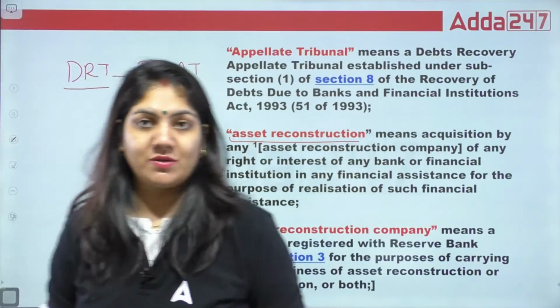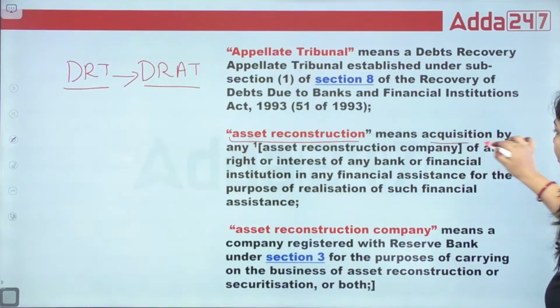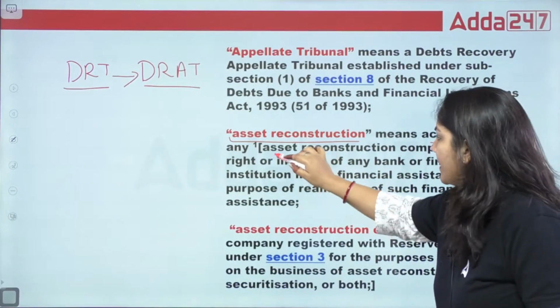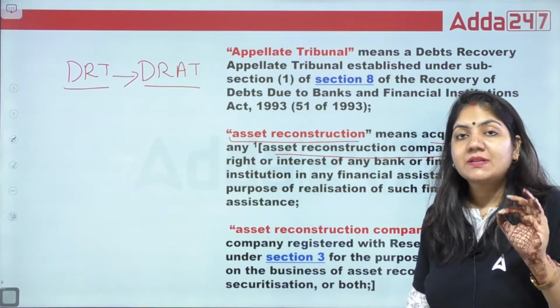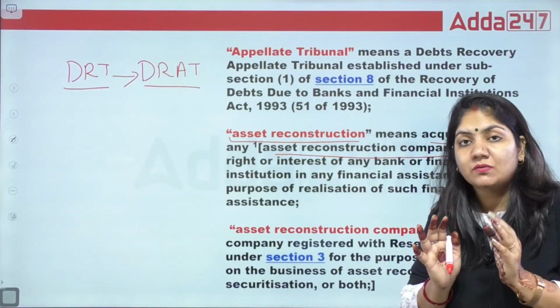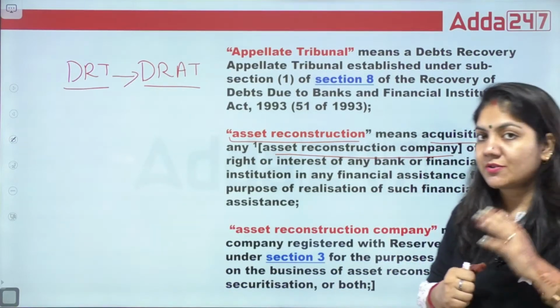Now, what is asset reconstruction? According to the Surface Act, it is acquisition by any ARC company. What is an ARC company? First of all, it is a company registered under the Reserve Bank of India.